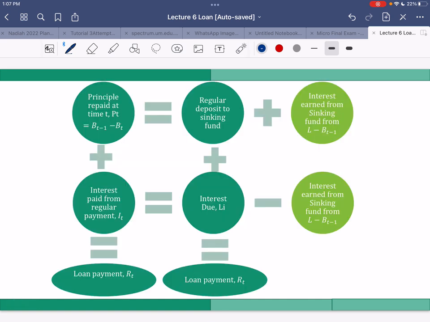This is the relationship for the sinking fund method. This one is a familiar relationship that we saw before, which is R_t equals I_t plus P_t. P_t is the principal repaid at time t, I_t is the interest paid from the regular payment, and R_t is the loan payment, the regular payment.